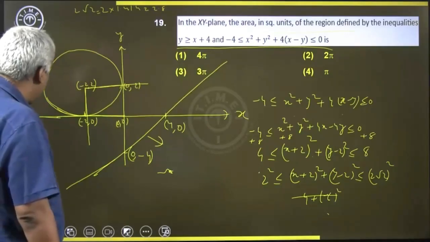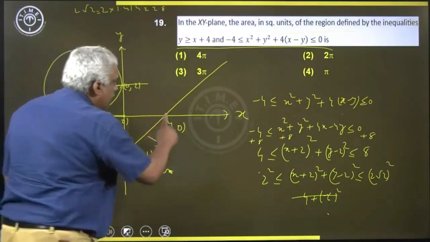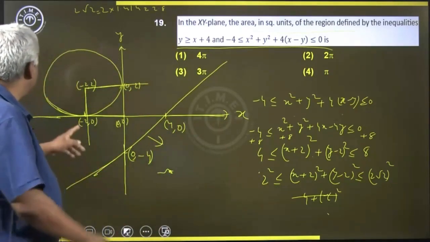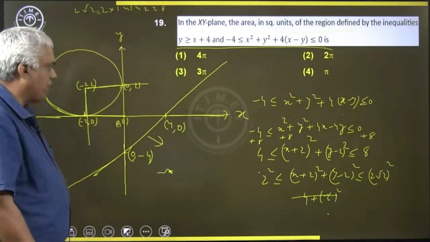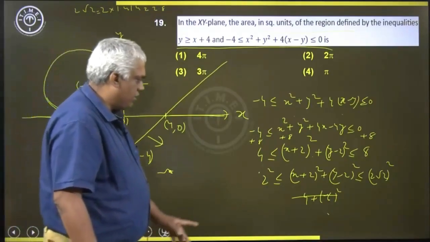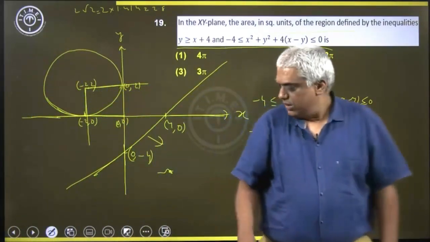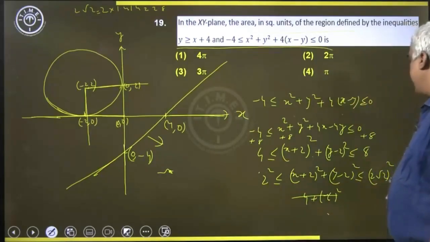So basically, let me find where the second circle will meet the x axis and y axis. The second circle is (x+2) squared plus (y-2) squared equals 2 root 2 whole squared, right.